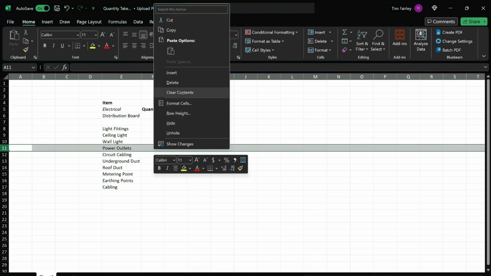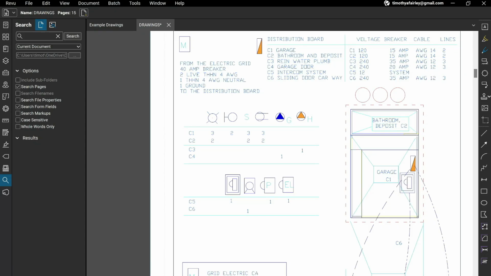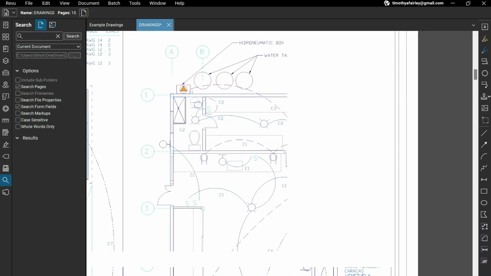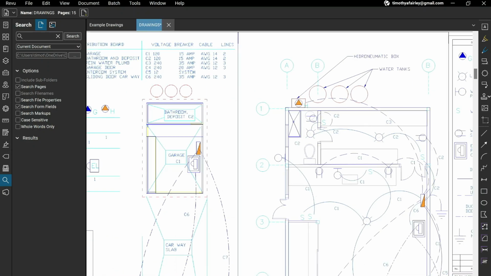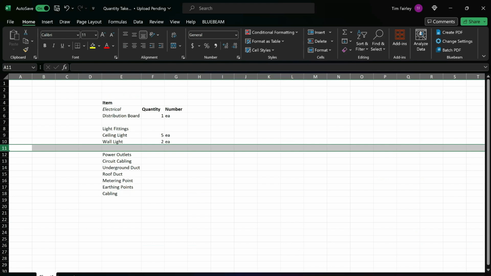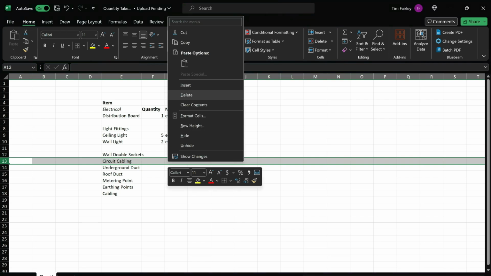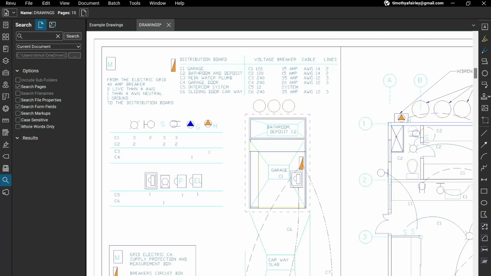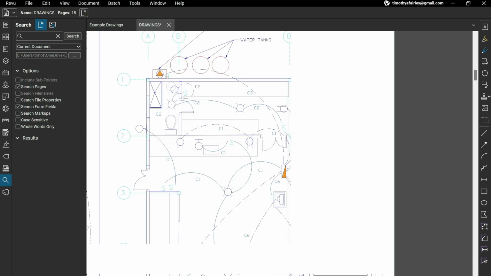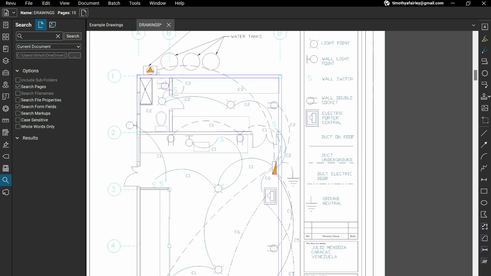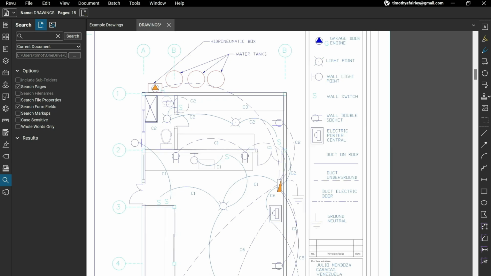Then for the power outlets, they're just wall double sockets. Rename that for our board sockets. The wall double sockets, there's... Sorry, we should get switches as well.